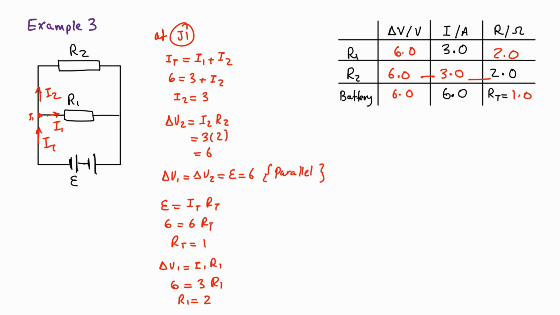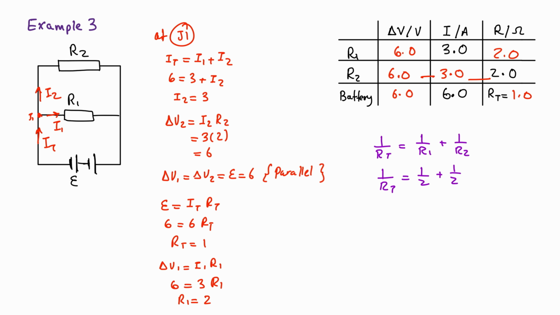And you can do one final check to see if RT makes sense in this. You could have found RT first and then used that to find other information as well. That's totally a valid method. My way is just one way of doing this. Two resistances here, so I'm going to go like this. I got 1 over 2 plus 1 over 2.